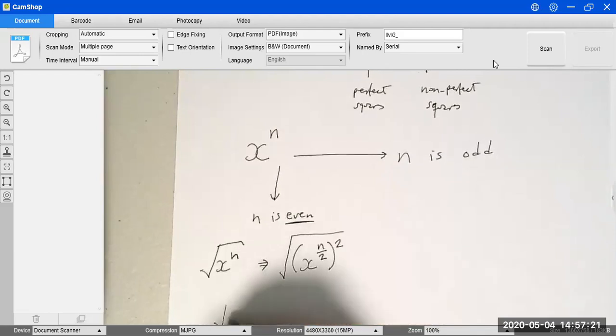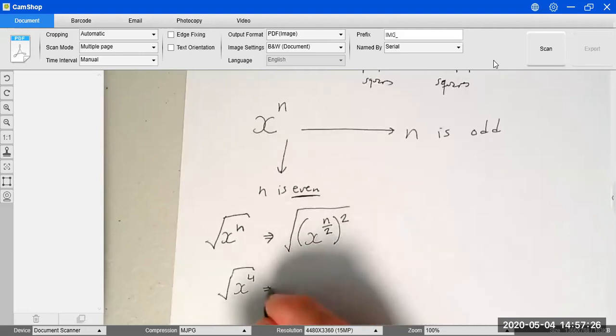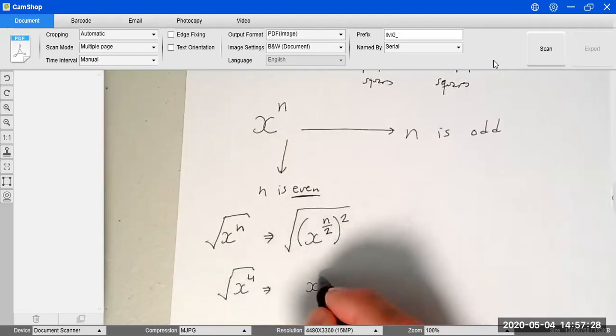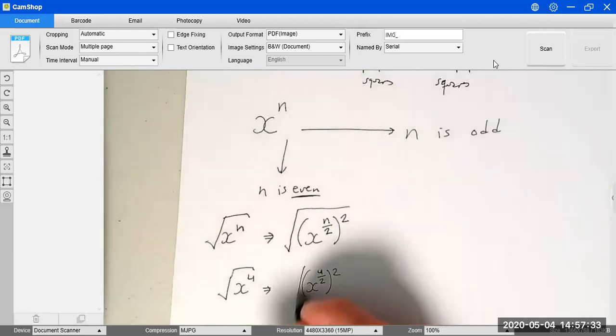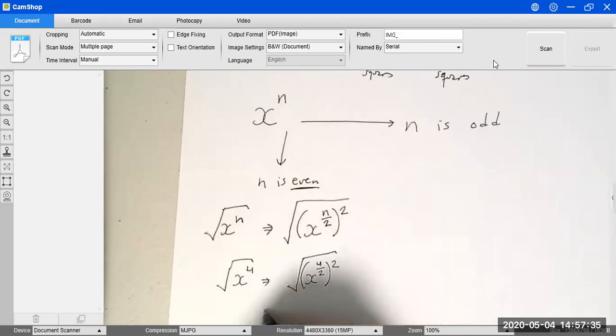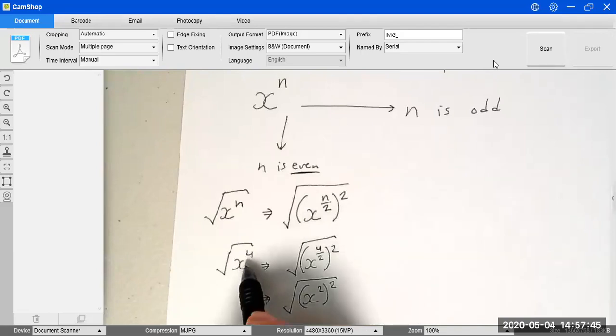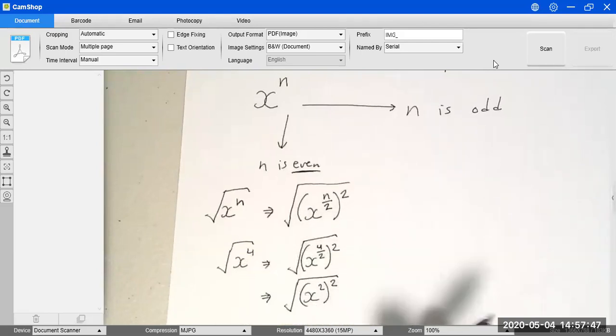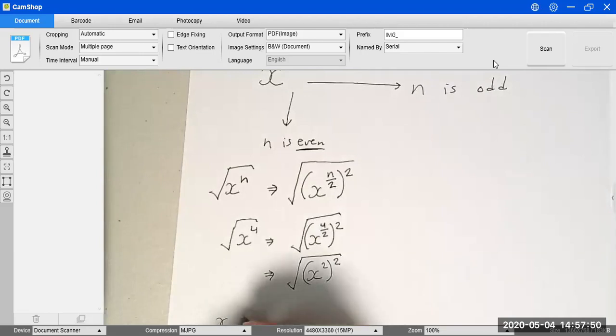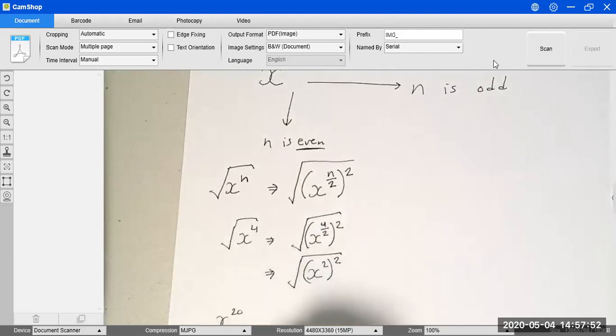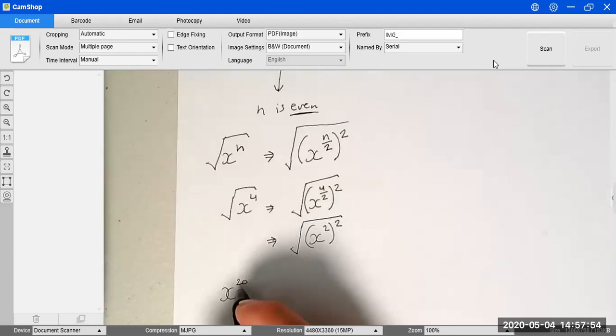So let me give you an example. If you have x to the 4, then you're going to divide the exponent by 2. I'm going to write this here first. You're going to square the thing, and you're going to write your radical. And at the end, you're going to simplify this, so you're going to get x squared. So now this x to the 4 is written as a perfect square. So let's say that you have x to the 20. It's another even exponent.